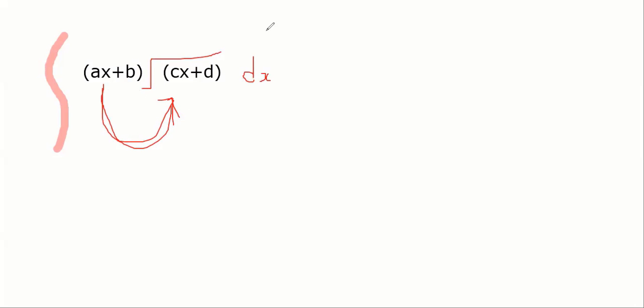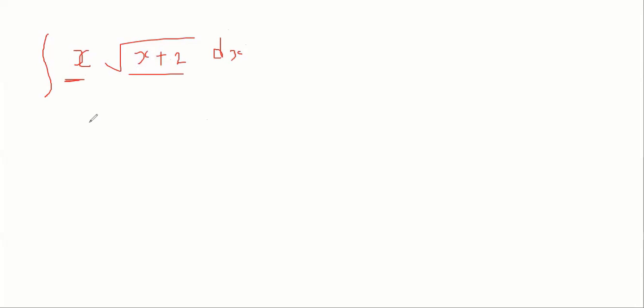Let's see how. Suppose I want to integrate x root of x plus 2 dx. As I said, if I can write this x in the form of x plus 2, my quotient becomes really easy.